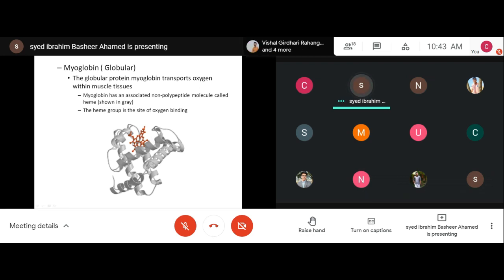It is not a peptide, and not a part of the peptide either. It's a separate moiety which is bound into the active site of the protein, and it serves as an oxygen carrier. Myoglobin will carry the oxygen to the muscle cells.